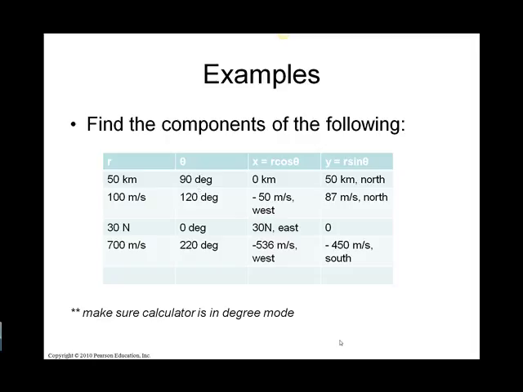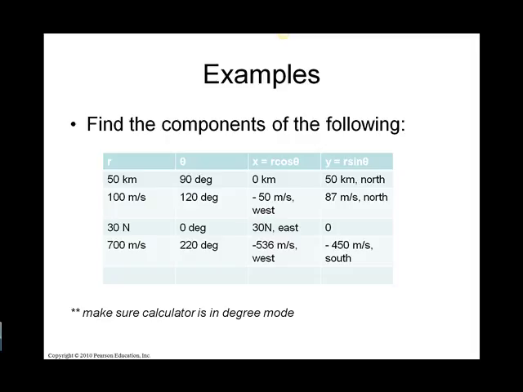So r cosine theta is 0 on the x-axis and 50 kilometers on the y-axis, which means it's to the north. 100 meters per second at 120 degrees has an x component of negative 50 meters per second, which means it's moving to the west, and 87 meters per second, which means it's moving to the north, because it's a positive y value. 30 newtons at 0 degrees is 30 newtons east.